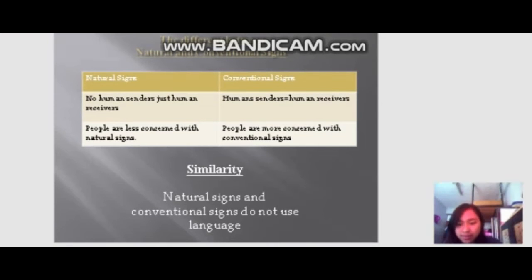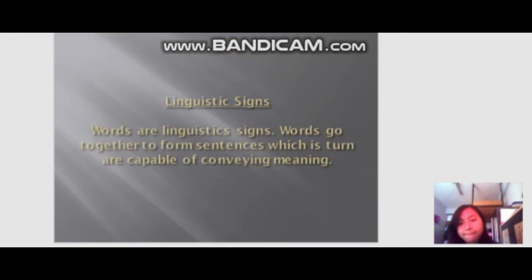Okay, next, linguistic science. The sciences above are non-linguistic science, natural science and conventional science. Now we are going to talk about linguistic science. So let's read.